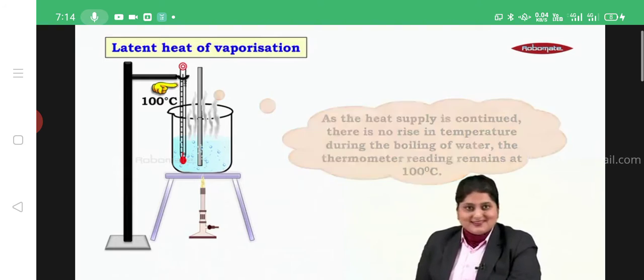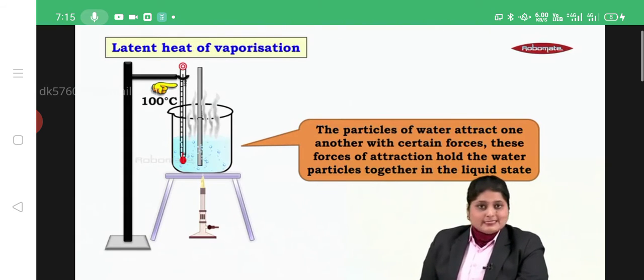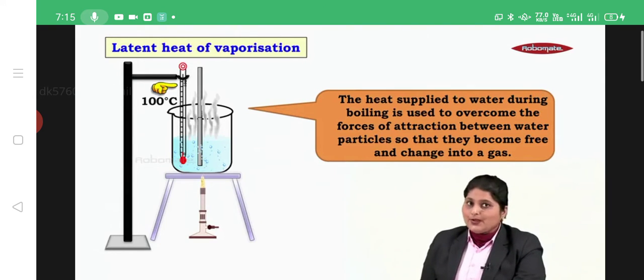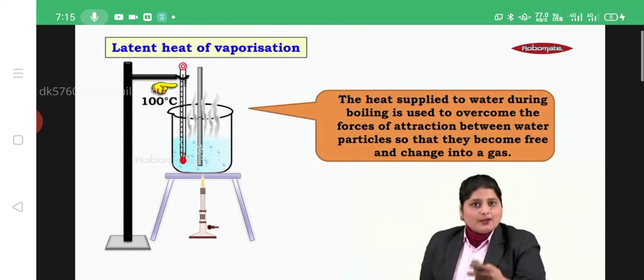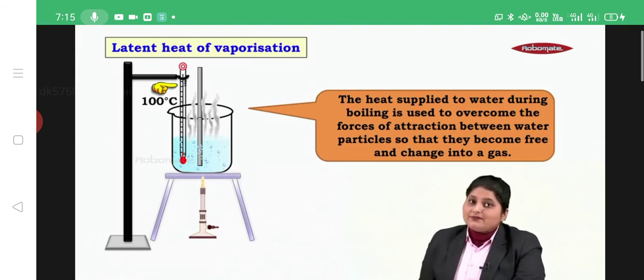It is because of this reason. Let's understand this in a better way. The particles of water attract one another with certain forces. These forces of attraction hold the water particles together in the liquid state. But when we are heating, what happens? The heat supplied to water during boiling is used to overcome the force of attraction between water particles, so they become free.